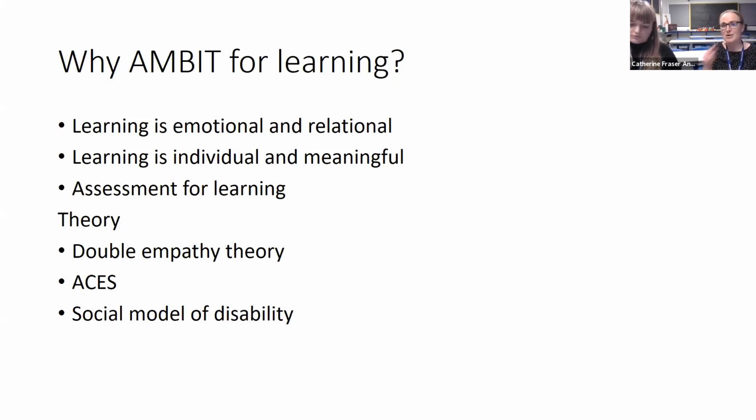And the AMBIT part of assessment for learning is that the more people, the more opinions you can hear about a young person, the more full picture you have of them, and therefore the better able you are as a teacher to think about what they might need next and what might move them forward.